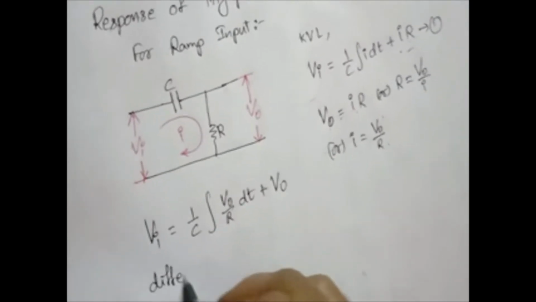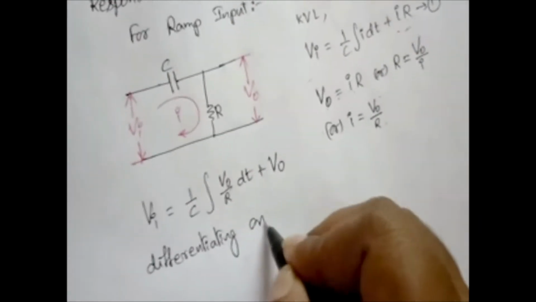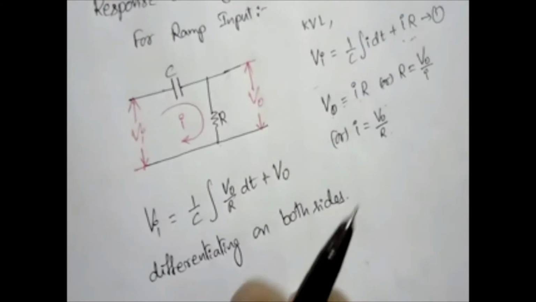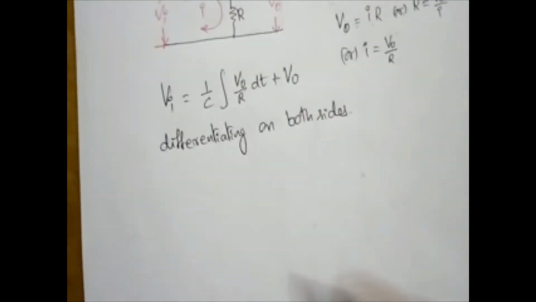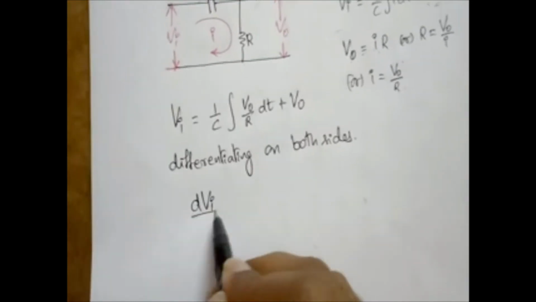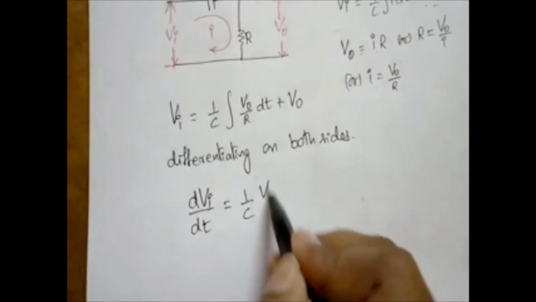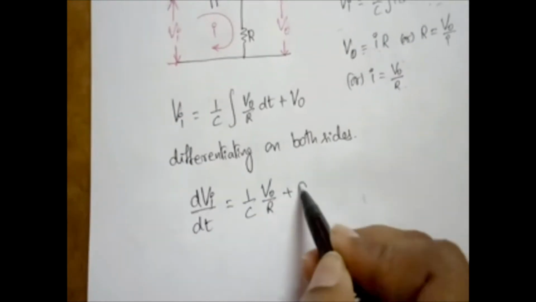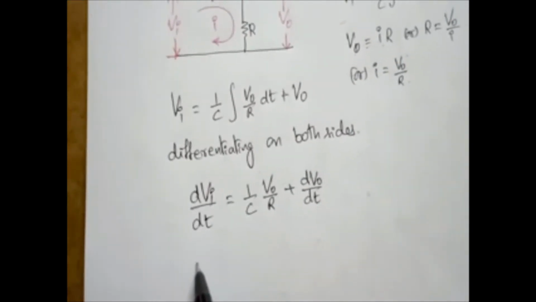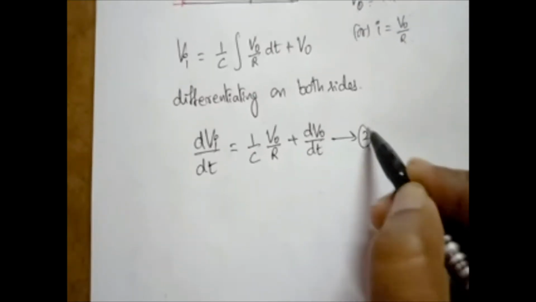Now differentiating on both sides, we get dVi by dt is equal to 1 by C times V0 by R, plus dV0 by dt. Let this be equation number 2.